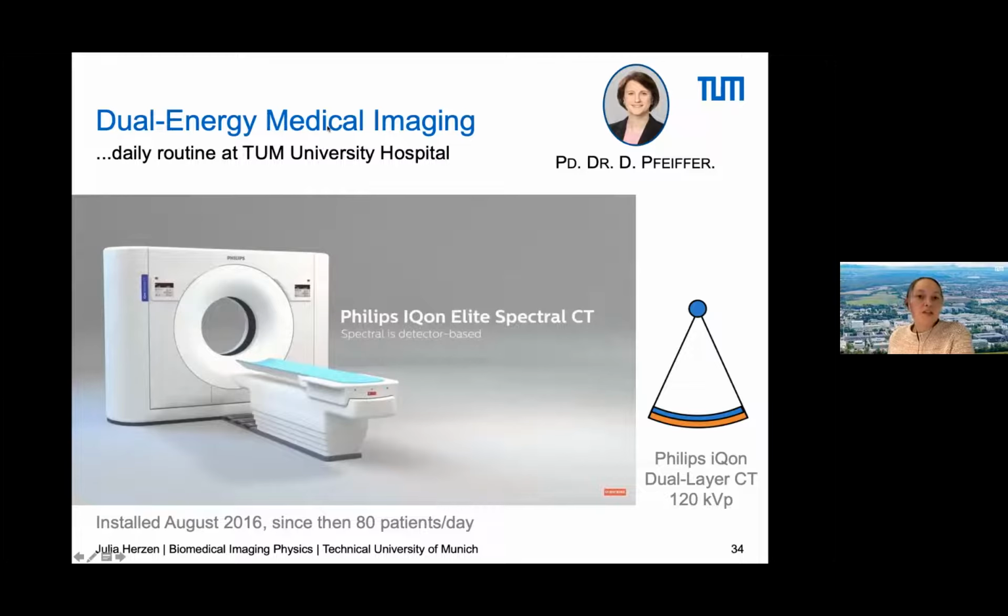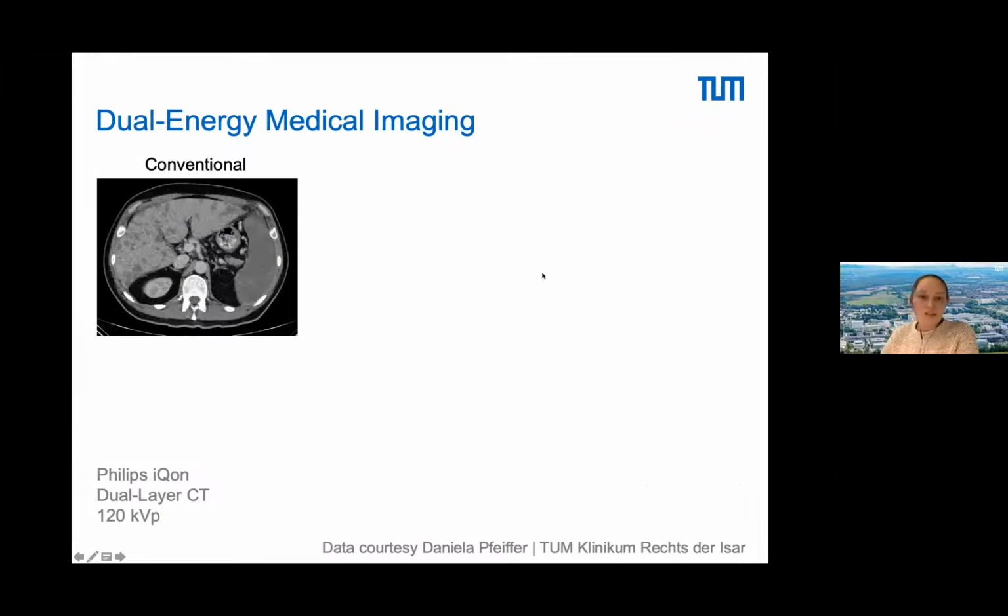What is dual energy or quantitative numbers helping at the hospital, and why is this interesting? She told me that if a patient comes in an emergency and is scanned with a CT, then a conventional image would look like that, which already contains a contrast agent.